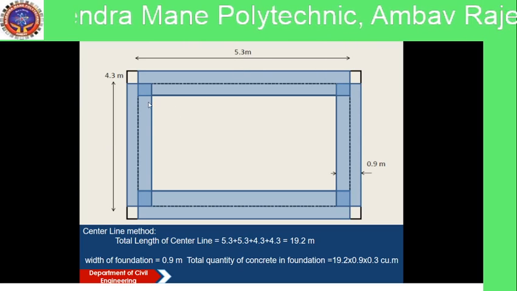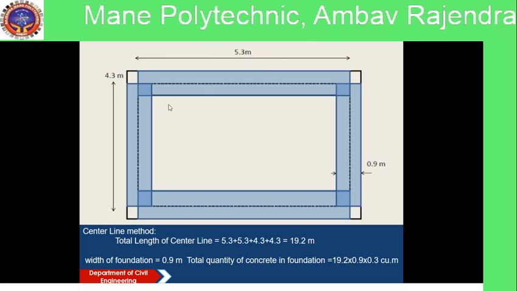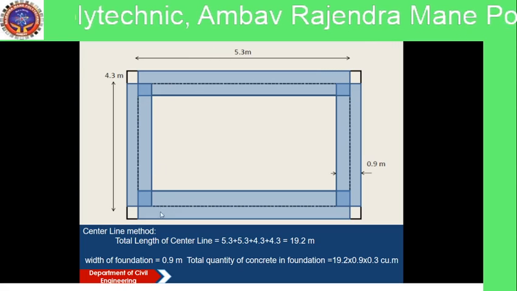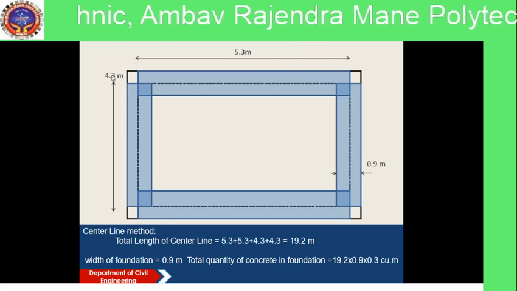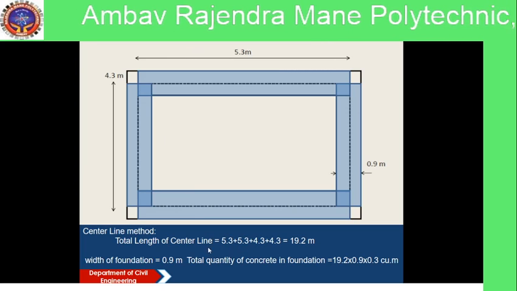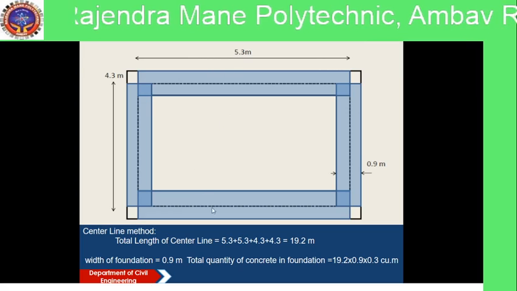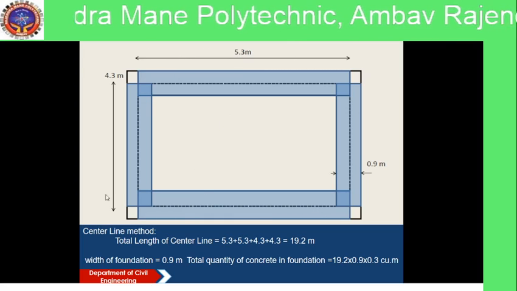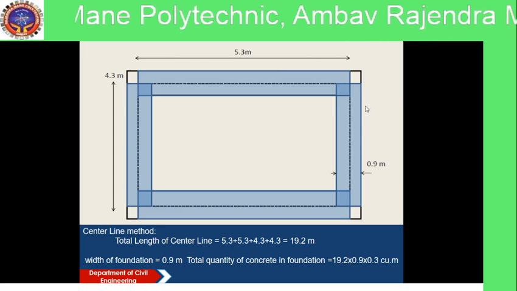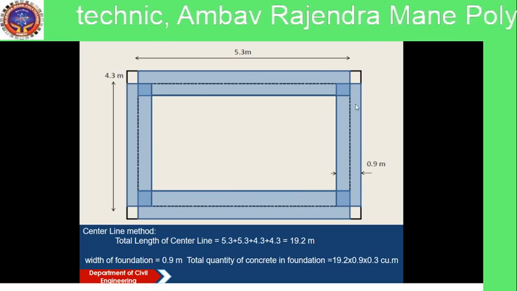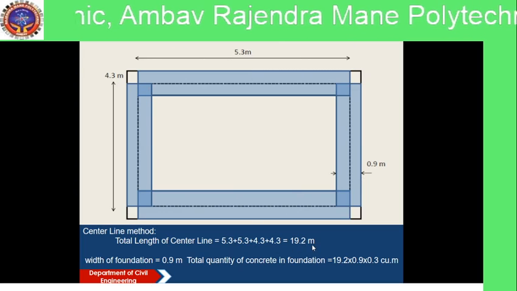For this, 4 meter inside length plus one width, that is 0.3, so 4.3. So total center line length of this room is 5.3 plus 5.3 plus 4.3 plus 4.3, equal to 19.2 meter.